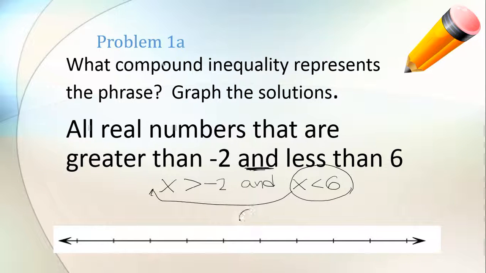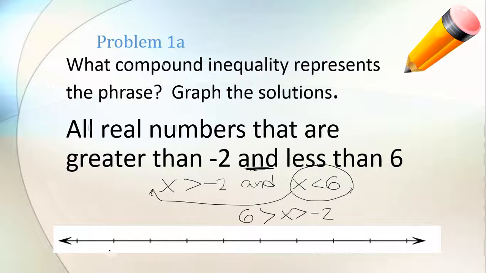So I got 6 is greater than, because if you notice my arrow is pointing away from the 6, x. Now I have x is greater than -2. So this is also a way to write an "and" inequality, and you'll see this more commonly than with the "and" in the middle.